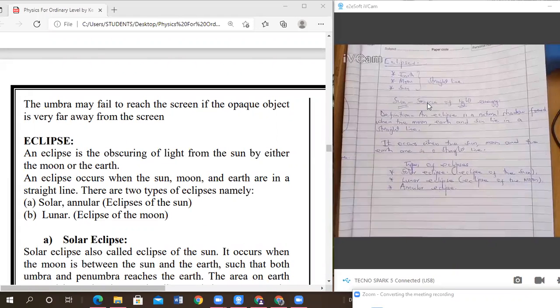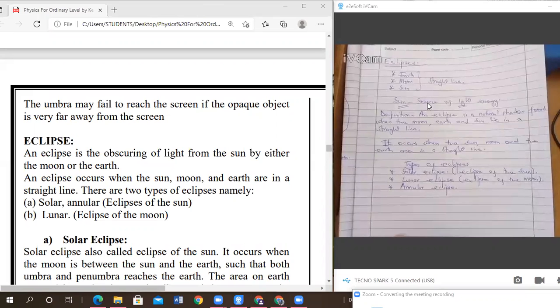Generally, we have only two types of eclipse, but the third one is coming from the eclipse of the sun. But we shall see. It depends on the position of the sun or of the moon.